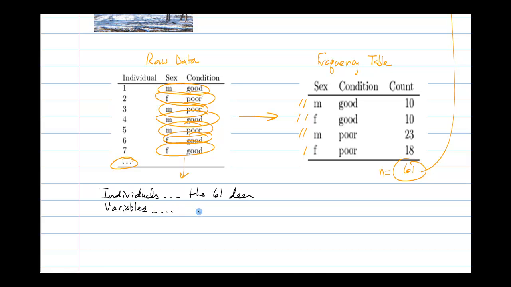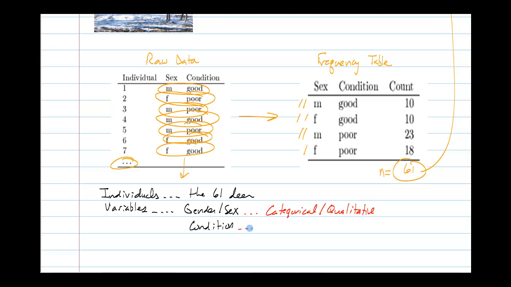I note the gender or sex, and then I also note the condition. Both of these are observations. They're not numerical, and so what I can talk about here is the type of variable. Well, these are both categorical, and another name for categorical is qualitative.